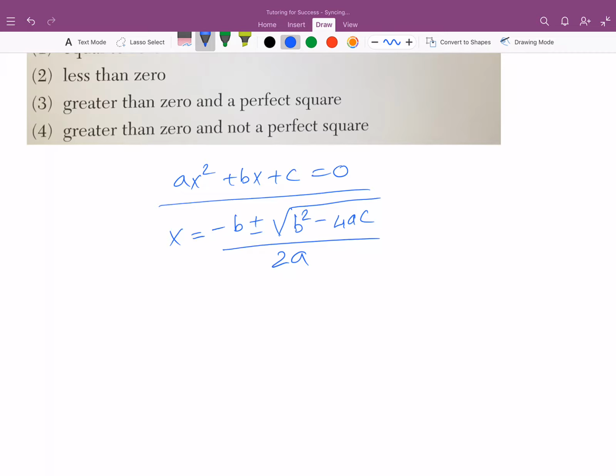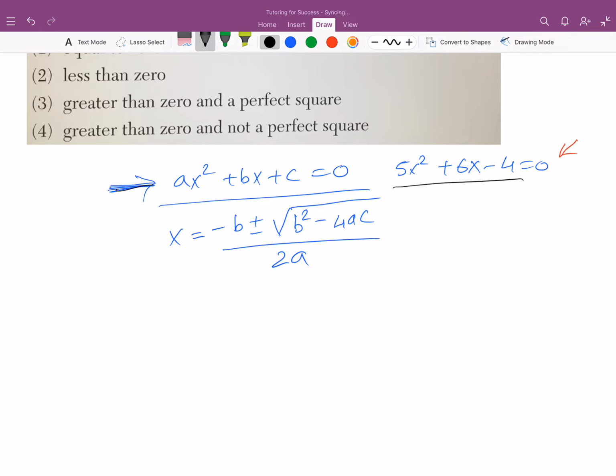So how do I get this b, a, and c? If you compare any equation with this standard equation, let me create a random equation: 5x squared plus 6x minus 4 equals 0. I don't know the roots for this, so it's just for example purposes.